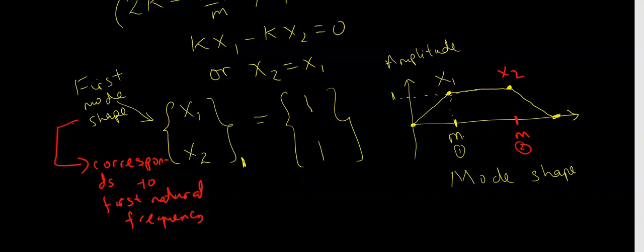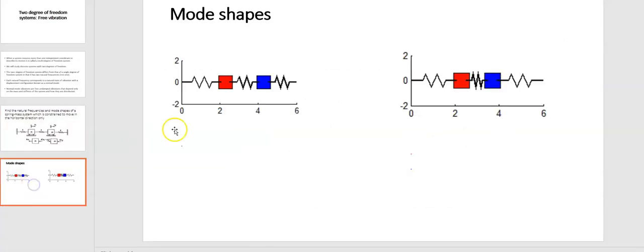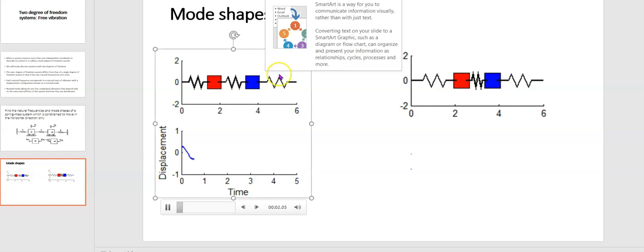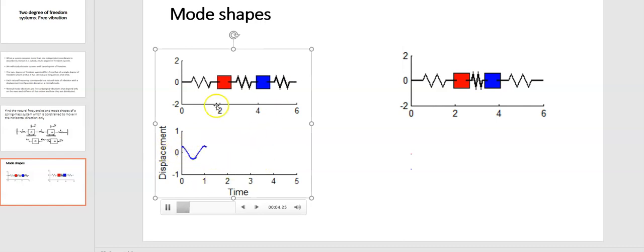How does it look? Well, let's look at this little animation that I have here. This is an example of how it oscillates. You can see the first mass and the second mass, what we had as yellow and what was red here, oscillate in sync or in phase.